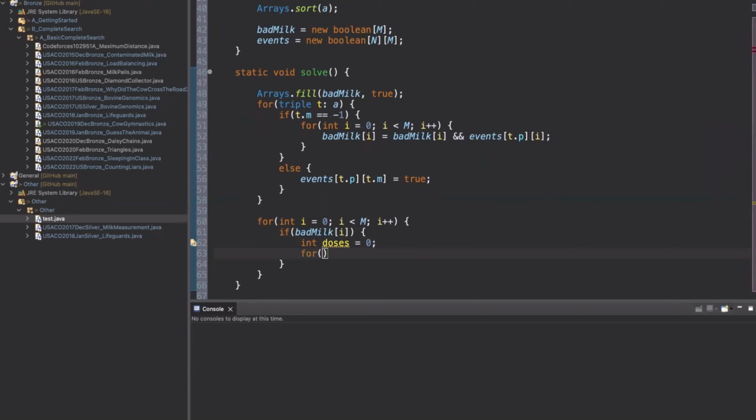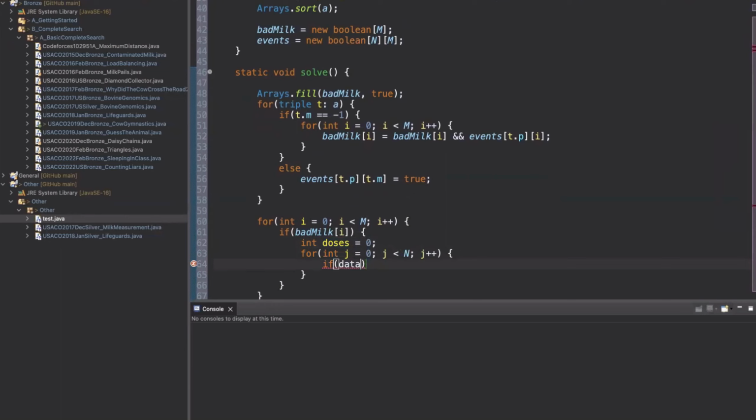loop through the number of people, and if it turns out that they also drink the milk, then we're going to increase the number of doses that Farmer John has to bring to the people.